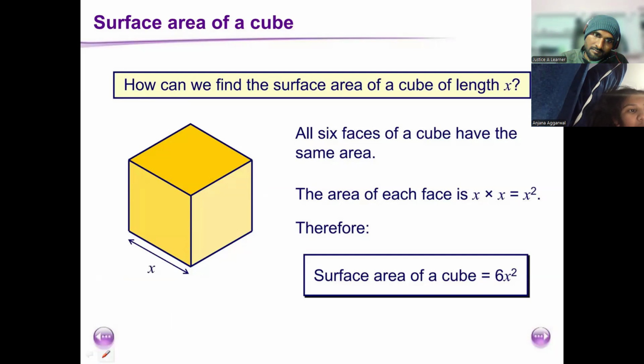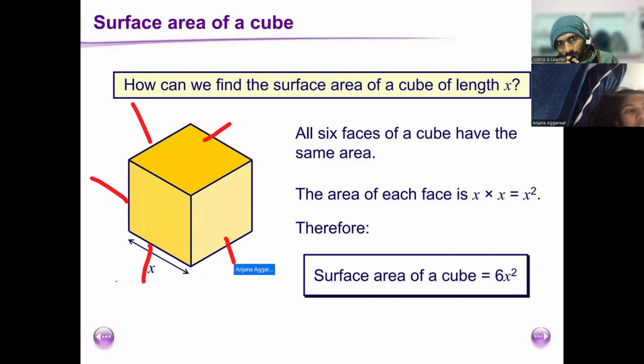There would be one here, one here, one here, and then two at the back. One, two, three, four, five, six, seven, eight, nine, ten, eleven. So then it would be written as 11x.